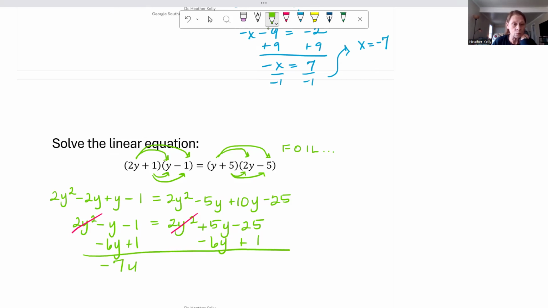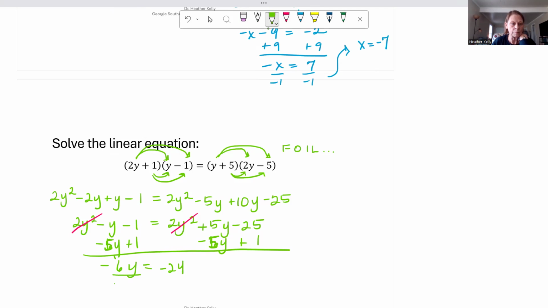See what we've got there. Minus 7y is equal to, I don't know why I subtracted a 6y. That should be a 5y. My brain did the math there. This should be a 6. Let me just get my eraser here. And over here we have -24.